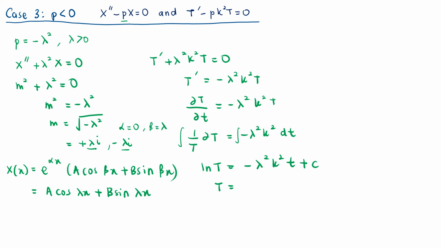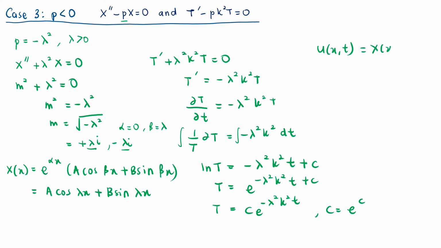Then t is equal to e to the power of negative lambda squared k squared t plus c, or we can rewrite this as c e to the power of negative lambda squared k squared t, where c is equal to e to the power of c.